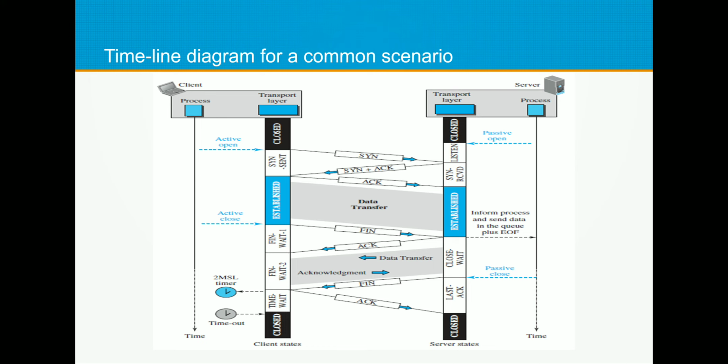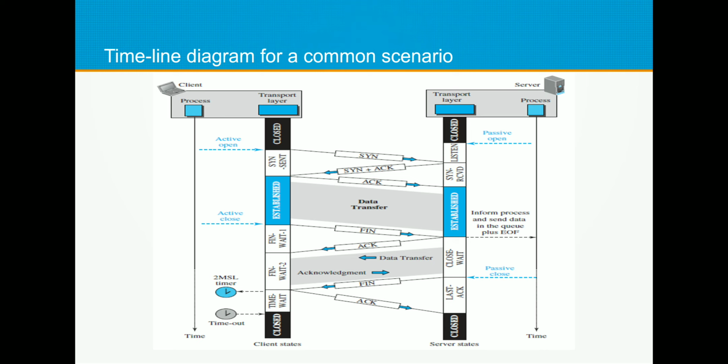The server at some point will issue a passive open. When the server is ready to accept connections, it goes into passive open, at which point the server changes from closed to the listen state. Now the server is waiting for any request from the client.